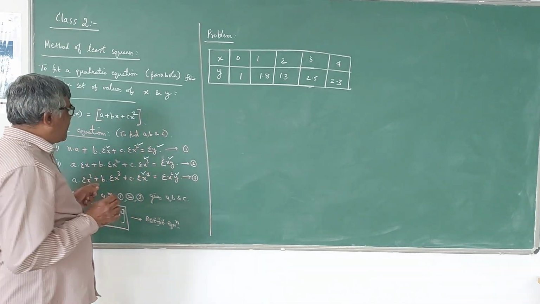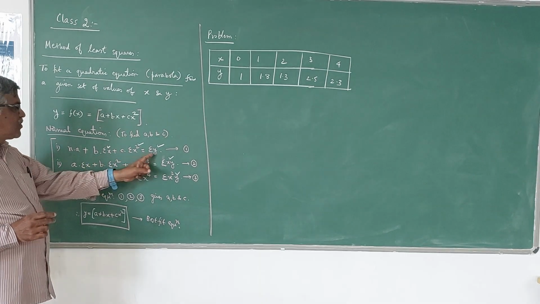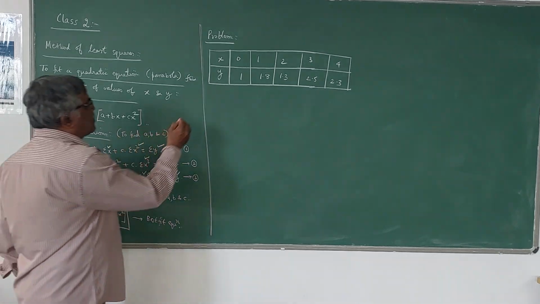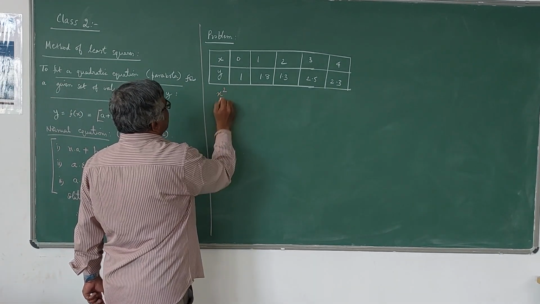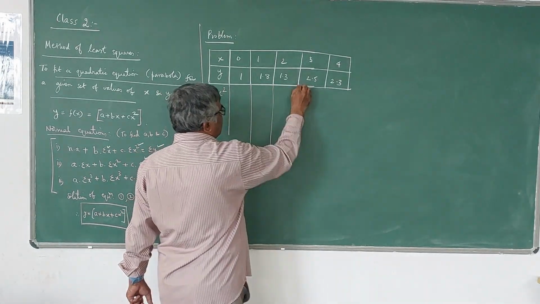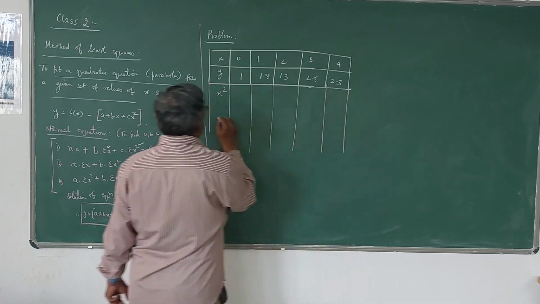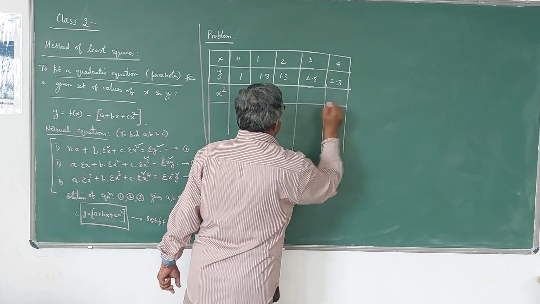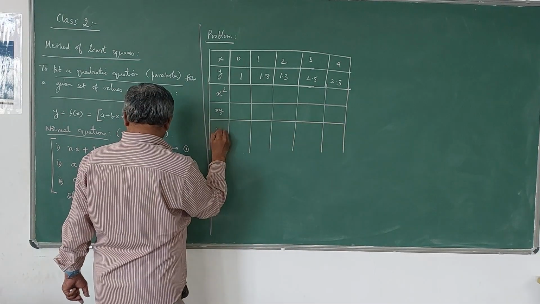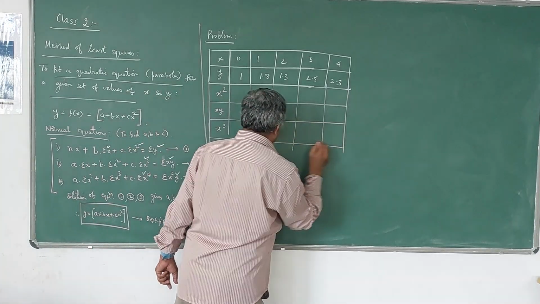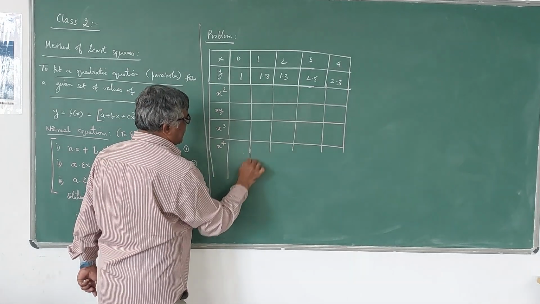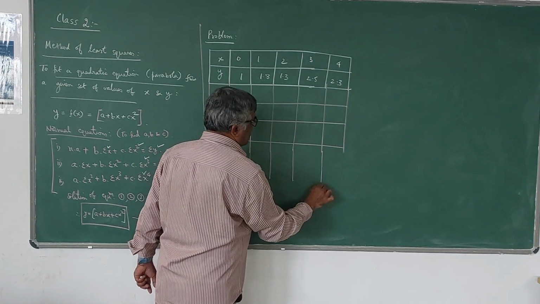So first we need to find all these sums: sigma x square, sigma y, x square, x cube, all those things. So I need another 5 rows for this: x square, then x into y, then x cube, then x power 4, and lastly x square y.